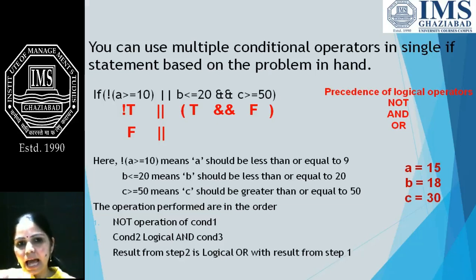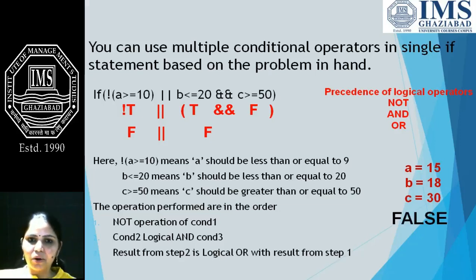The logical AND of true and false gives us the result false. Then we have false or false as false. So this is how multiple conditional operators can be used and solved in C programming. Let us move with one more example.